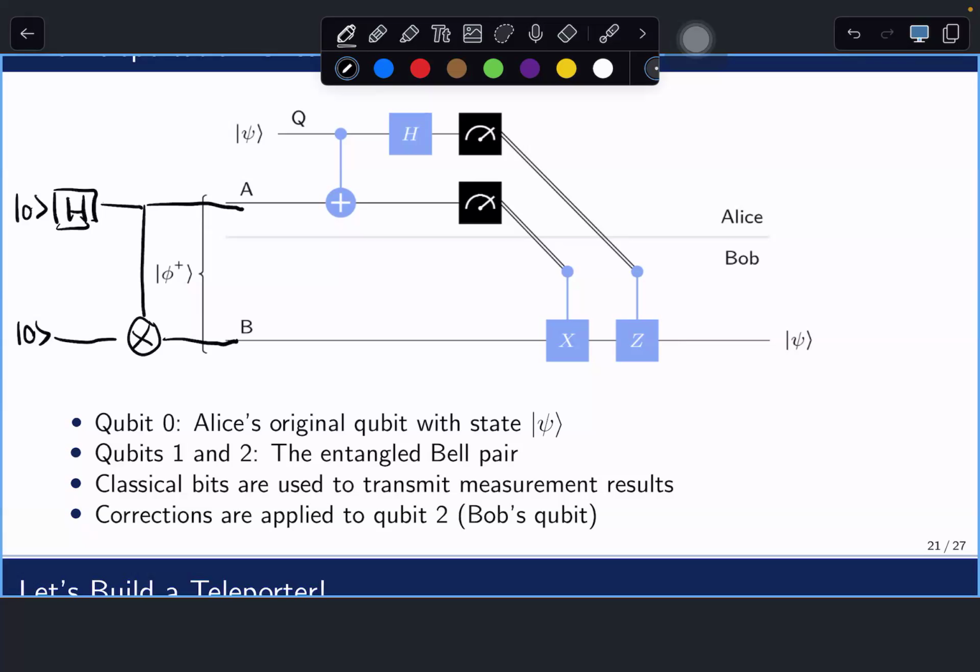Do we have to draw those two, the one that you drew by hand? I think that's your previous circuit, right? To create the Bell state. Yeah, the previous one. We use that to create the Bell state. So if you haven't deleted your work, you can just continue your work on that one.